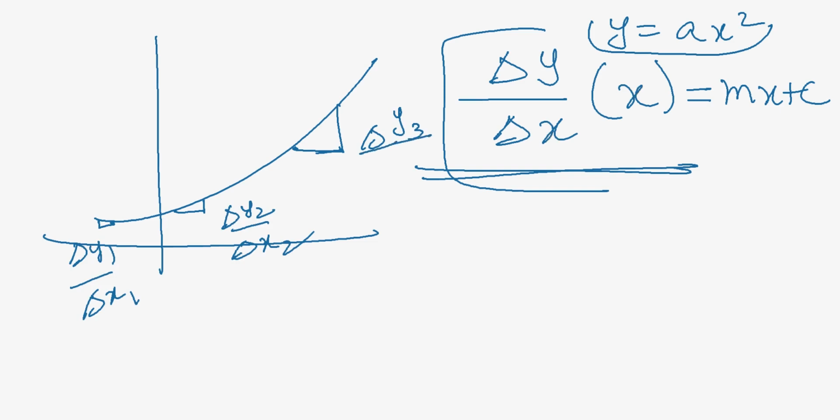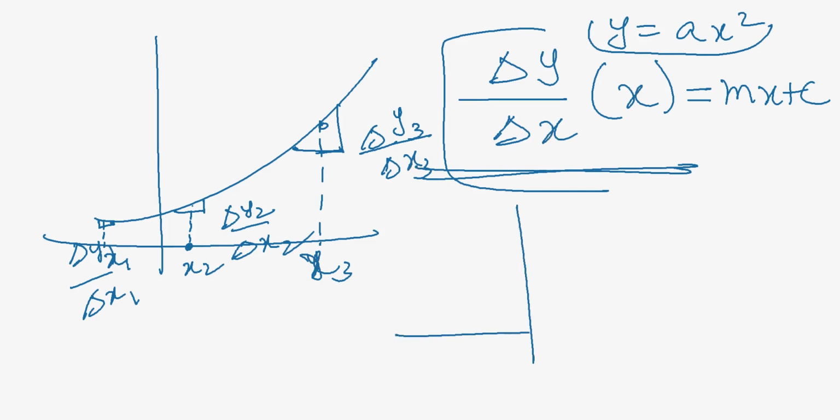Because you are taking this difference and taking the midpoint of that, you can call this our x2 value, this our x3, and this our x1.